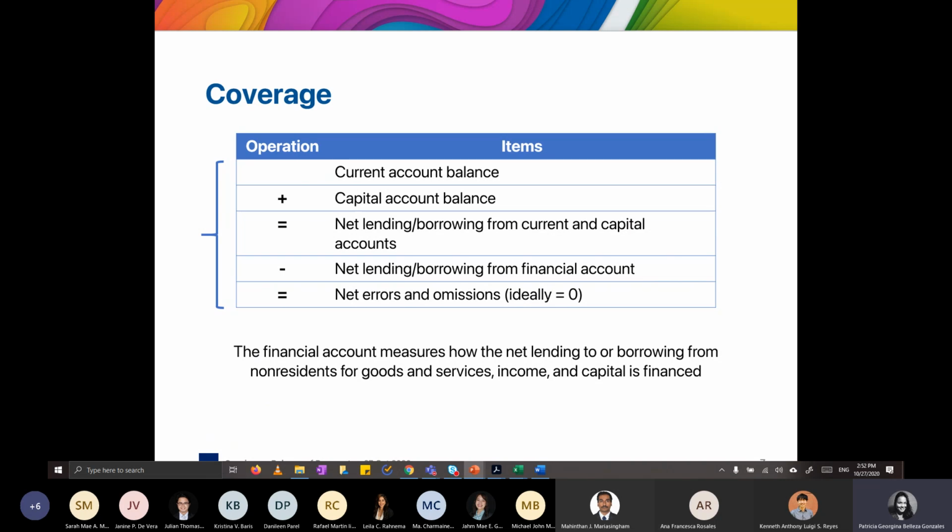Within the framework, all transactions or flows are necessarily valued in monetary terms. So there has to be a corresponding financing scheme behind the acquisition and disposal of capital assets.